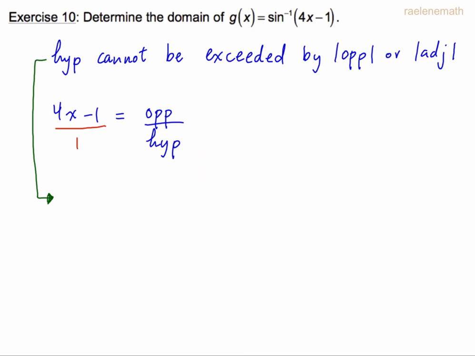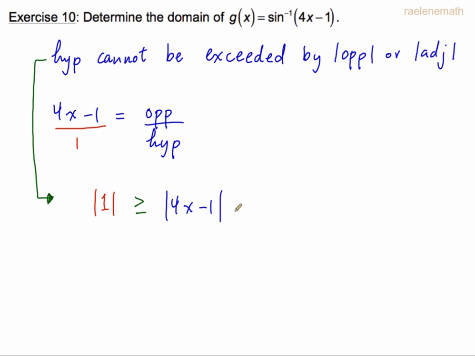So the hypotenuse is going to be 1, and the magnitude of that is in absolute values. And the opposite is 4x minus 1, and the magnitude of that is in absolute values. And the hypotenuse cannot be exceeded means that the hypotenuse is going to be greater than or equal to, in magnitude, the other side.